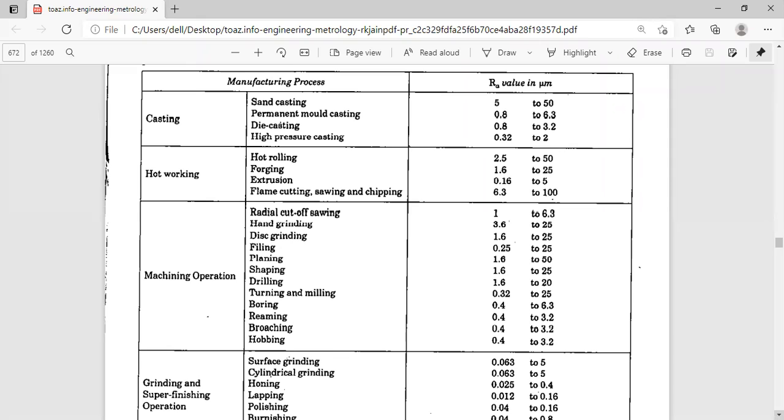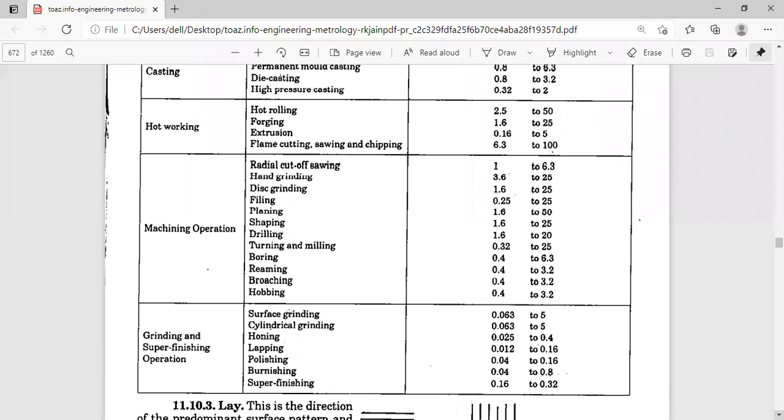For the other one, the grinding and super finishing operations, we can have surface grinding, cylindrical grinding, honing, lapping, polishing, burnishing, super finishing. So all of these have definite values. For honing, just see the value 0.025. In lapping also you can see 12 microns. But in polishing it is only 40 microns.